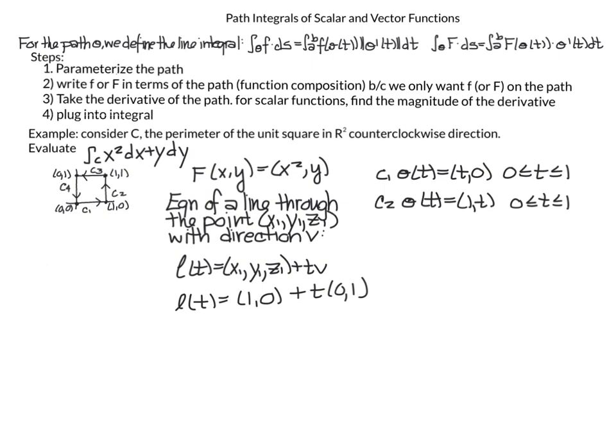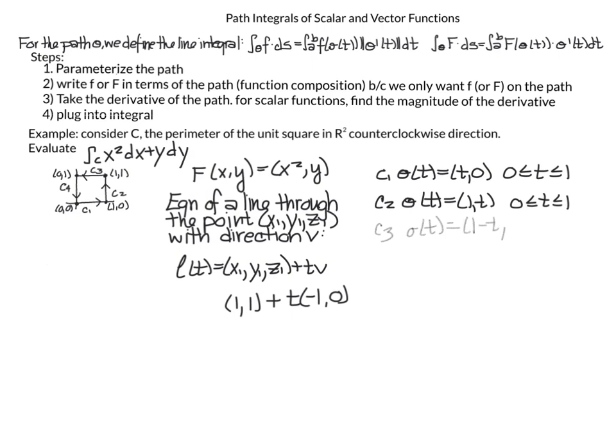For C3, our point on the line is going to be this point here, (1, 1). And then we're going to multiply t times the direction. And the direction is in the negative x direction. So that will be (-1, 0). So my parameterization for C3 is going to be equal to 1 plus t times -1, so that's 1 - t.